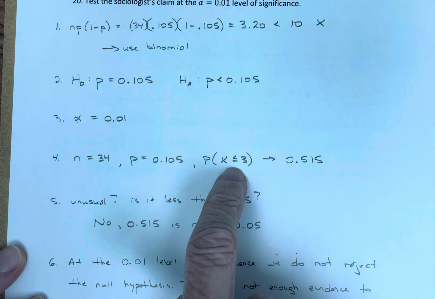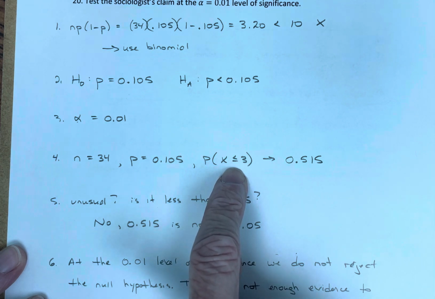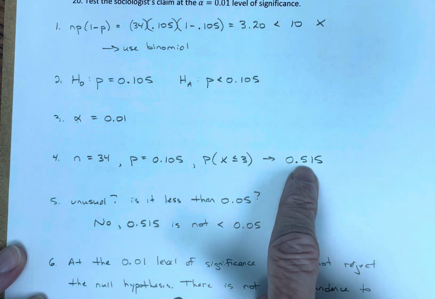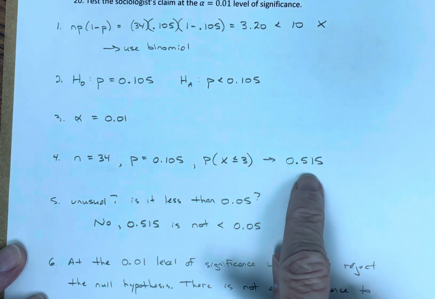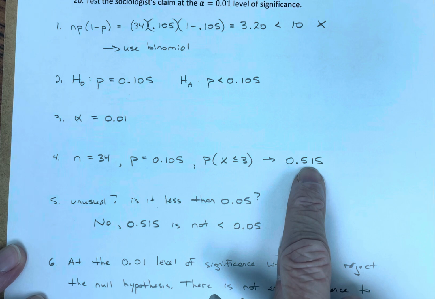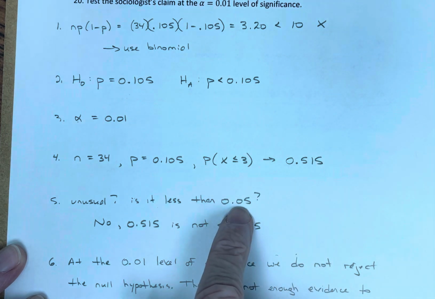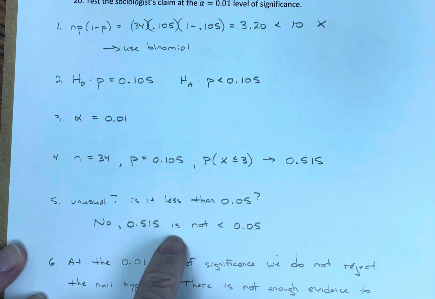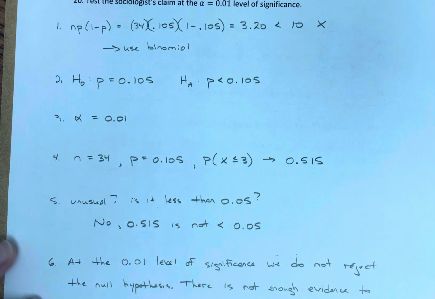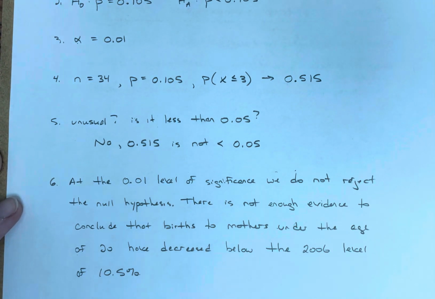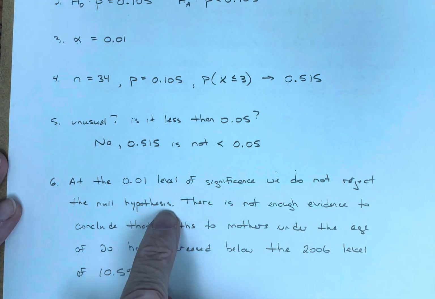We wanted to know when X is less than or equal to 3. And we came up with a probability of 0.515, which is much higher than 0.05. So this is not unusual, therefore we do not reject the null hypothesis.